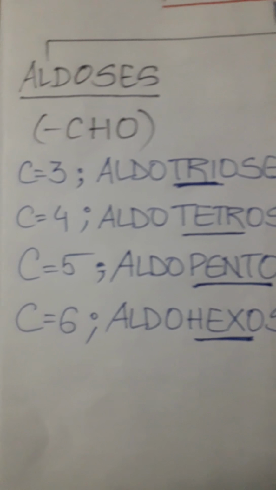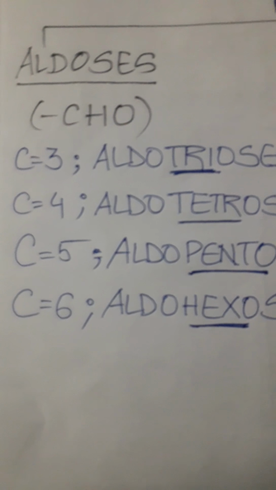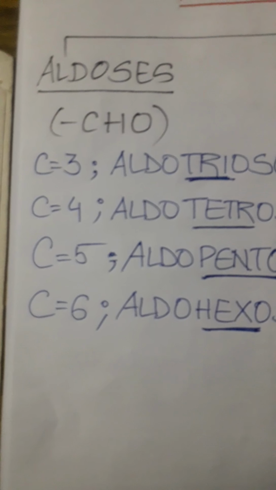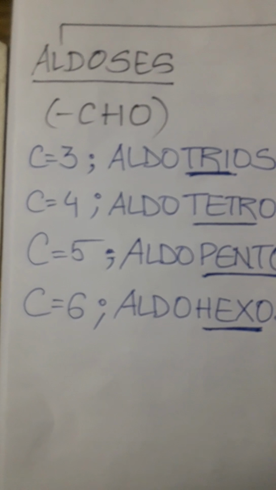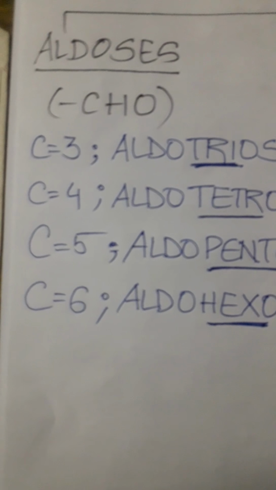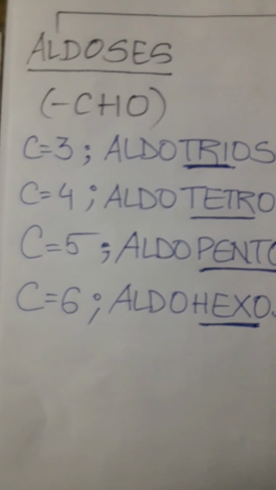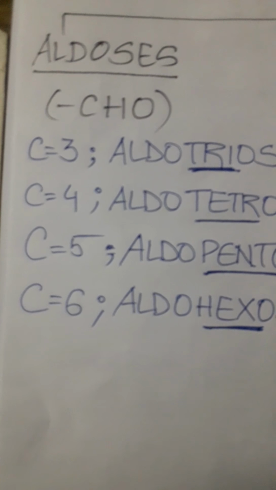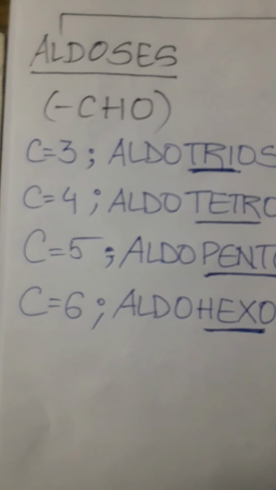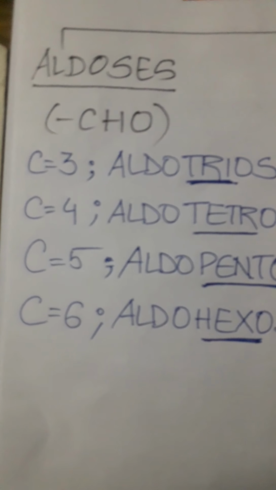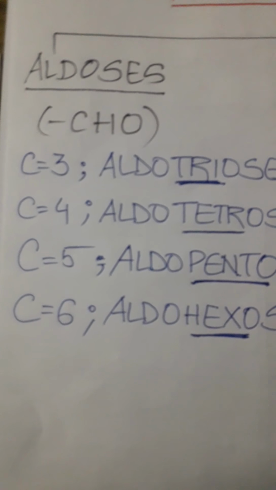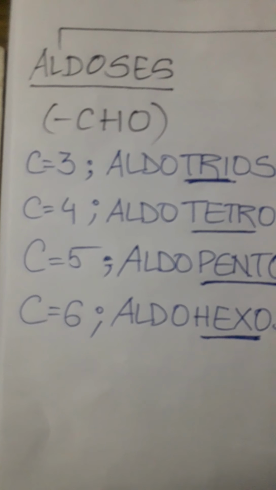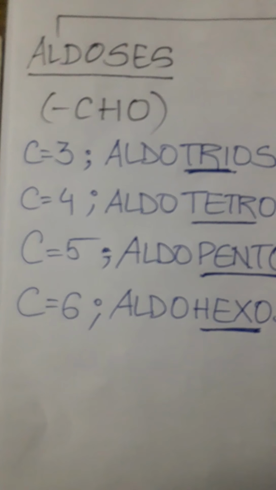Let's discuss the aldoses. Now, in a monosaccharide, if there is one carbon atom we use the word mono, then di, tri, tetra, penta, hexa, hepta, octa, nona, and then deca, right? So here we are going to discuss the carbon atoms beginning from 3.